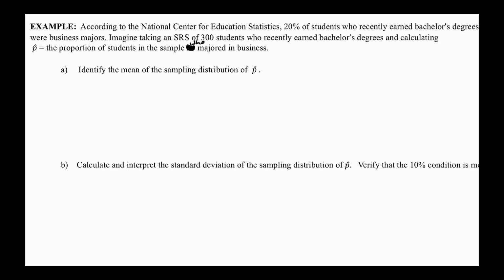Why is it not a means question? P hat is a proportion. That's one dead giveaway, right? P hat is a proportion. Yeah, absolutely. It's proportions. What's another dead giveaway for not being a means question? It's talking about a proportion. Anywhere in there, is there anything about means? A mean of this, an average of this. Is there anything in there with means? Not a thing, right? But there's a bunch of giveaways for proportions.